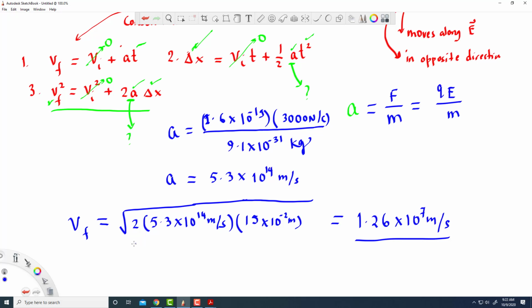And then once you have that, you can find time. So time would be from this formula. Time is the square root of 2 times delta x over a.